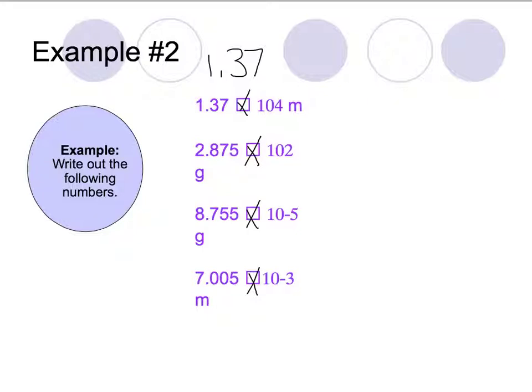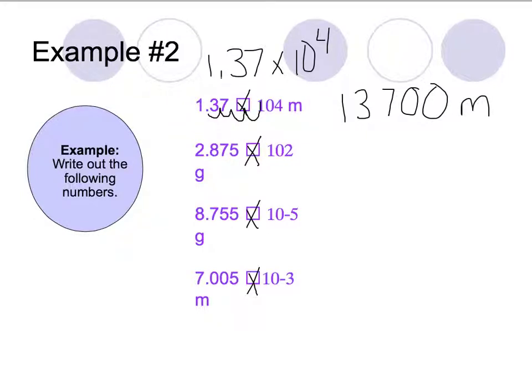And this should be not 104, but times 10 to the 4th power. Now, is that number going to be greater than 1 or less than 1? It's got to be greater because that's a positive exponent. So we're going to move this decimal point over 4 places. 1, 2, 3, 4. And that would make this 13,700 meters.